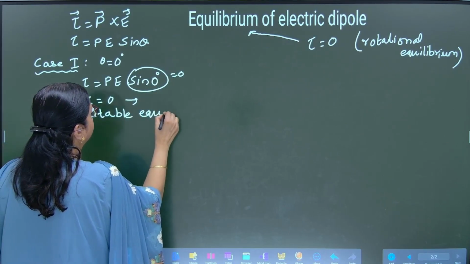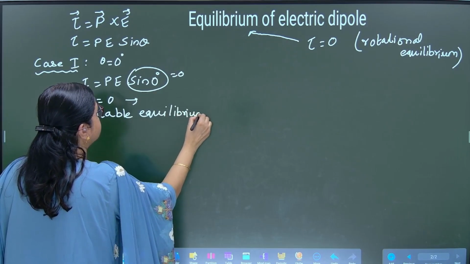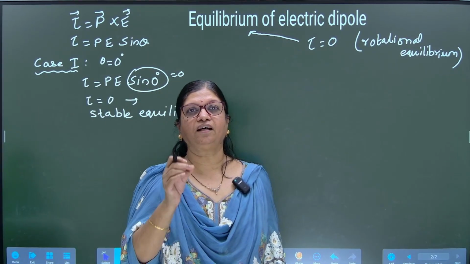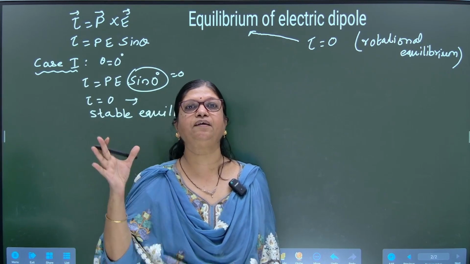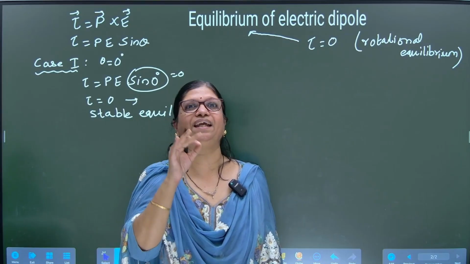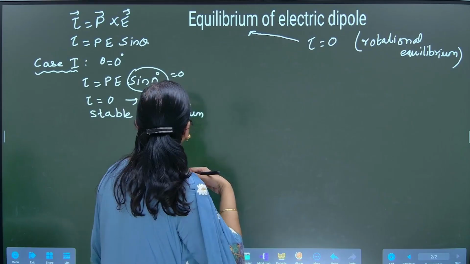What is this stable equilibrium? What does it mean? That if I shift the dipole from the equilibrium position and leave it, it will come back to its original position. Let us see it diagrammatically in rough.